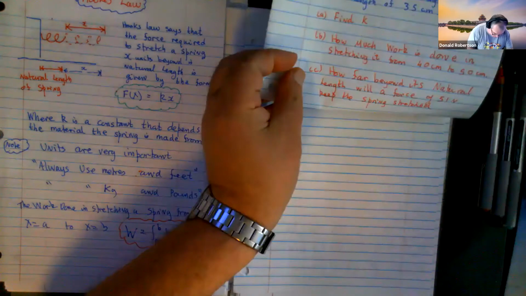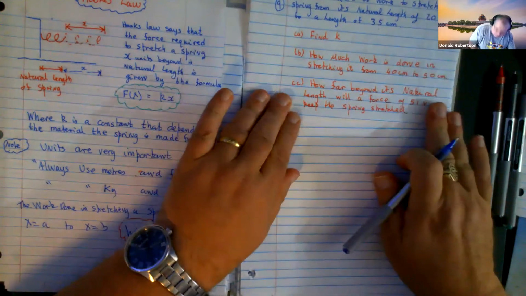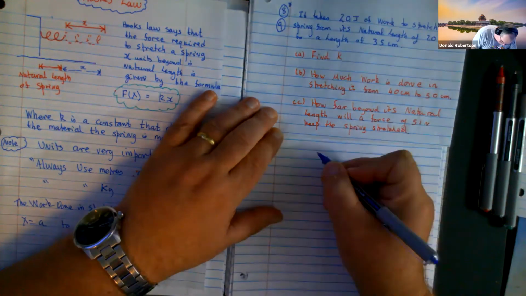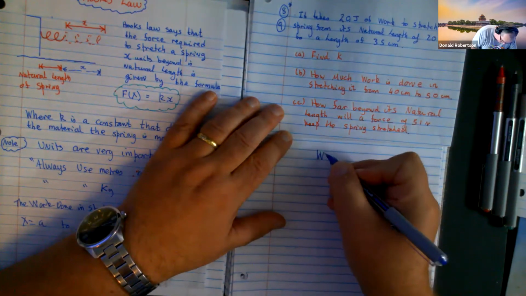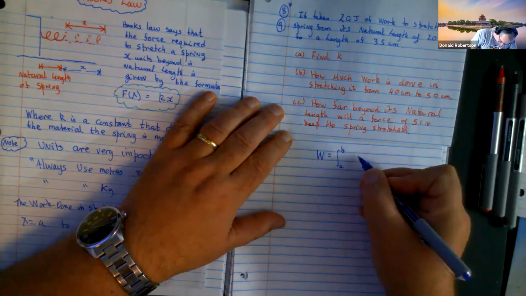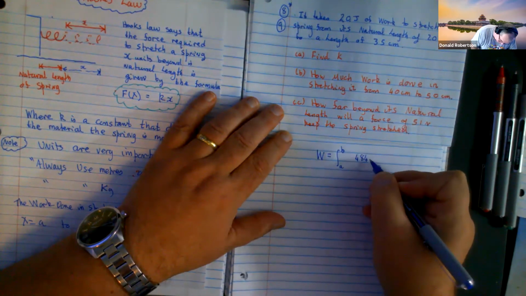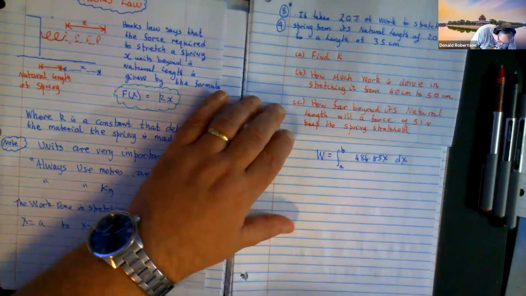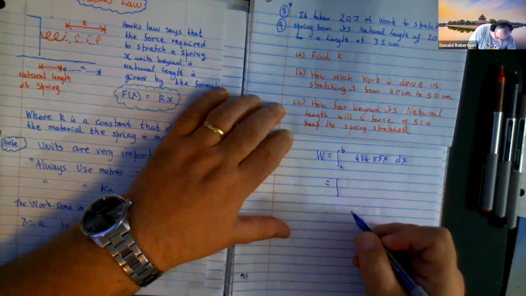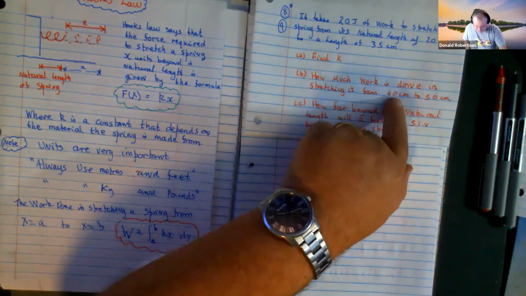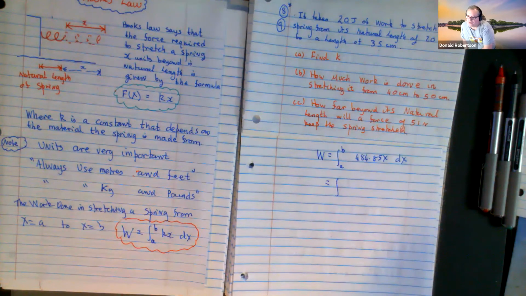Part B. This bit. The work done is the integral from the start number to the finish number of 484.85x dx, right? You might think that it's going to be from 40 to 50, but you know that's wrong, right?